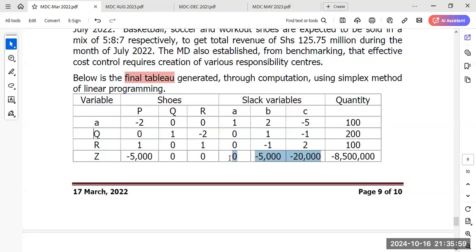What does this one mean? It means that obviously here, you don't need to add any. Where you have 0, it actually means that A is not a scarce resource. Machine 1 is not a scarce resource.